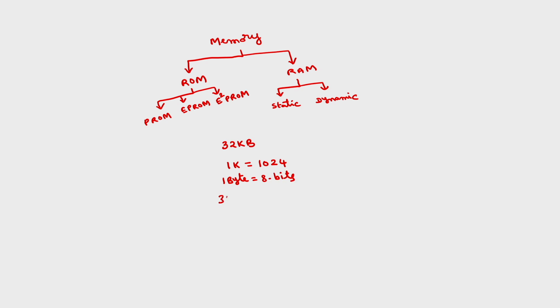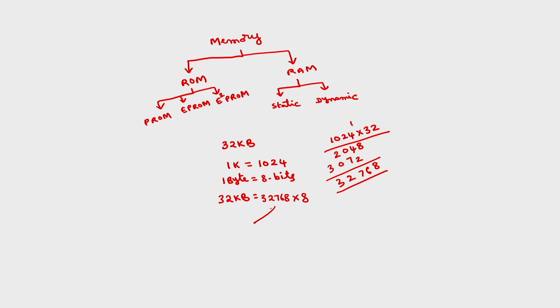So, 32 kilobytes is 32 into 1024, which is equivalent to 32,768 into 8.